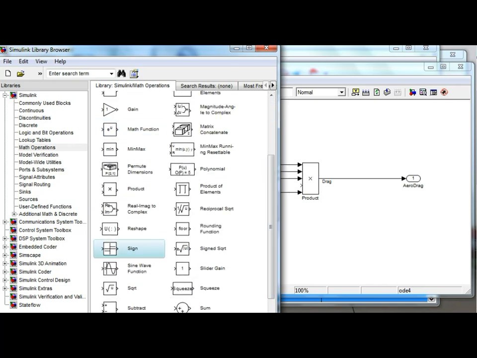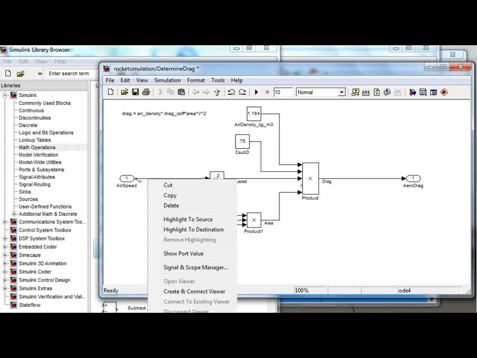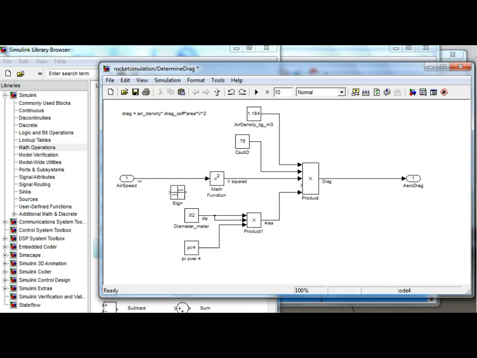sign. So I can take the sign function, S-I-G-N, not sine as in the trigonometric function. I left click and drag it up to there, right? Or another way I can do this, I can right click on this line, right click and drag, and I get a branch I create, and click.